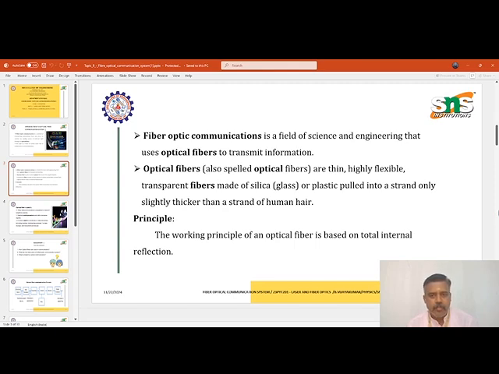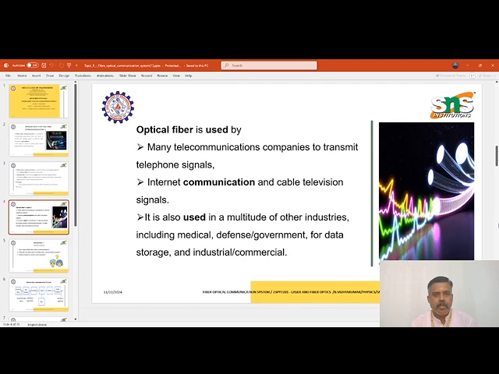Optical fibers are thin, highly flexible, transparent fibers made up of silica or plastic, pulled in a standard only slightly thicker than a standard human hair. So it is a fiber in the micrometer thickness range. The principle is total internal reflection.